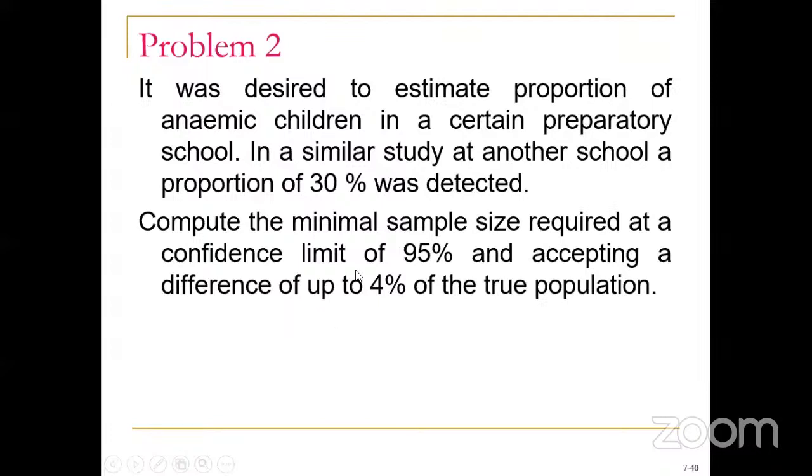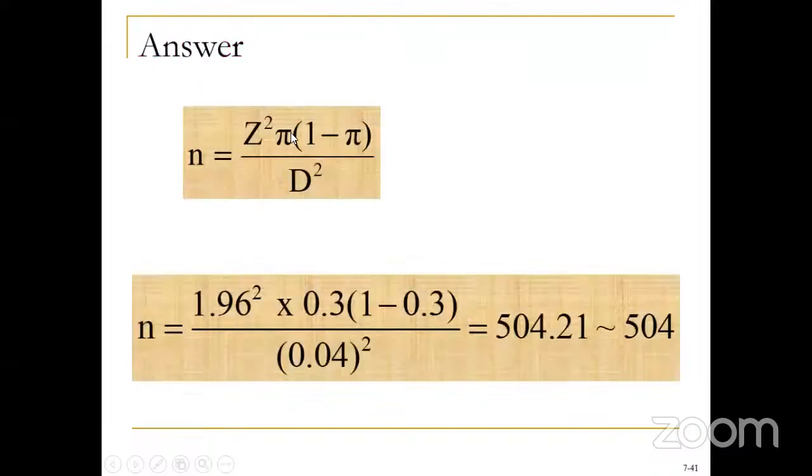So the error level is given, 95% confidence is given, and the proportion is given. So we'll apply this formula. Proportion is 30%, 1 minus 30 is 70%, at 95% the Z score value is 1.96, and this D is given to be 4%, which is 0.04. So in this case, the sample size should be 504.